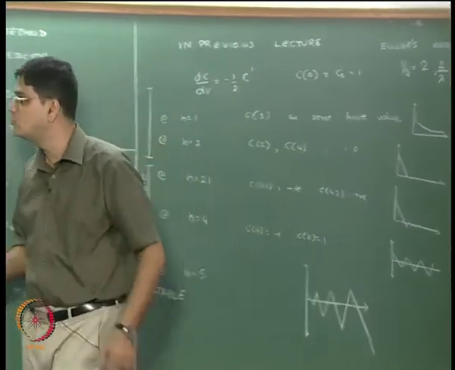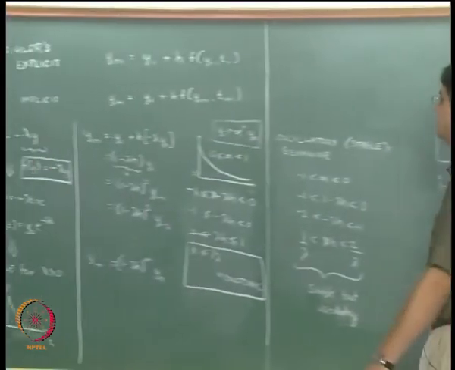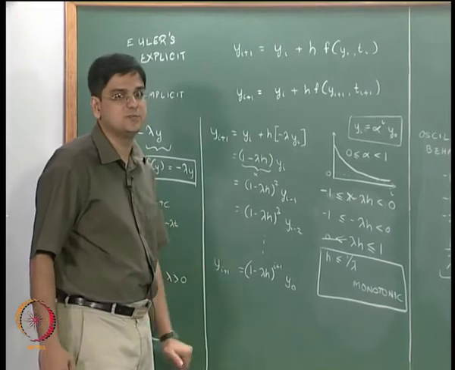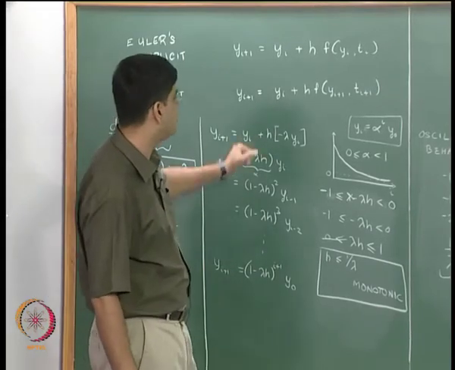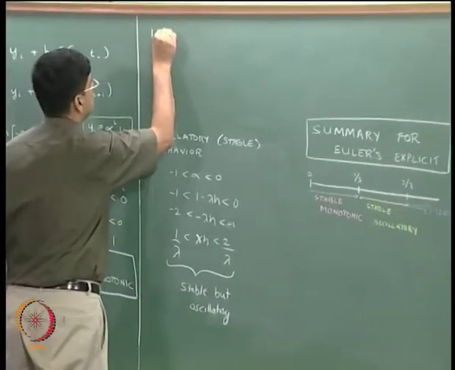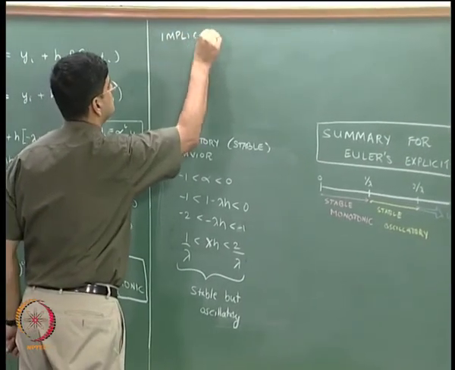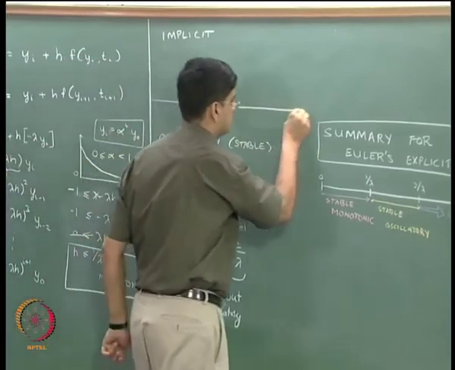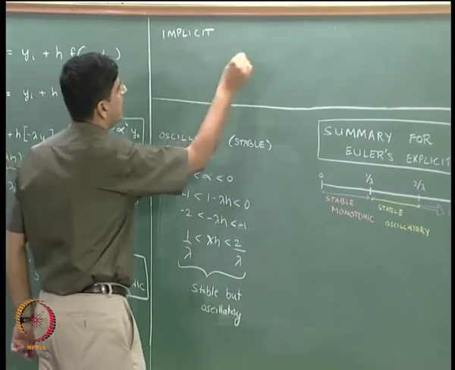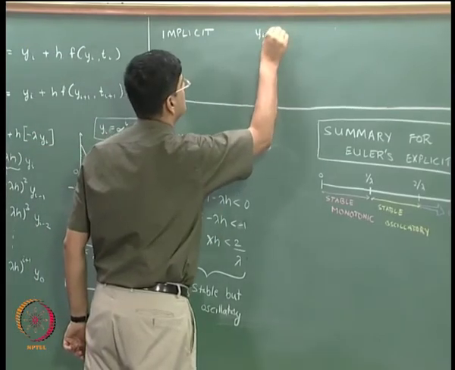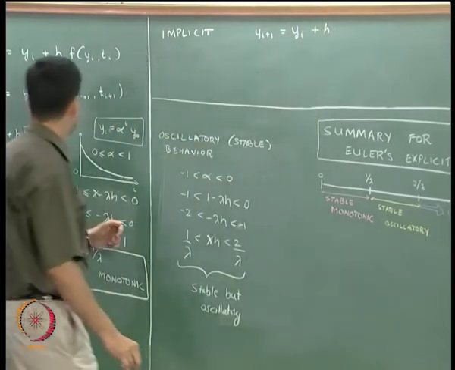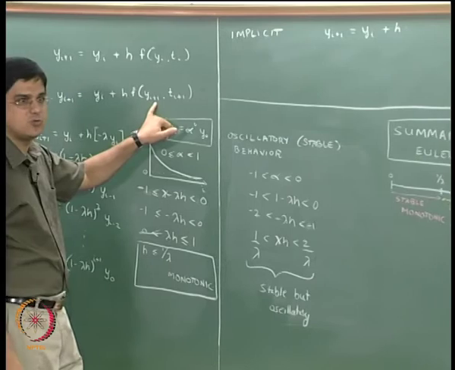So, let us go back to the derivation that we had done for Euler's explicit method. So, this is the derivation for Euler's explicit method. I will repeat the derivation for Euler's implicit method. For Euler's implicit method we had y_{i+1} equal to y_i plus h times f of y_{i+1}.